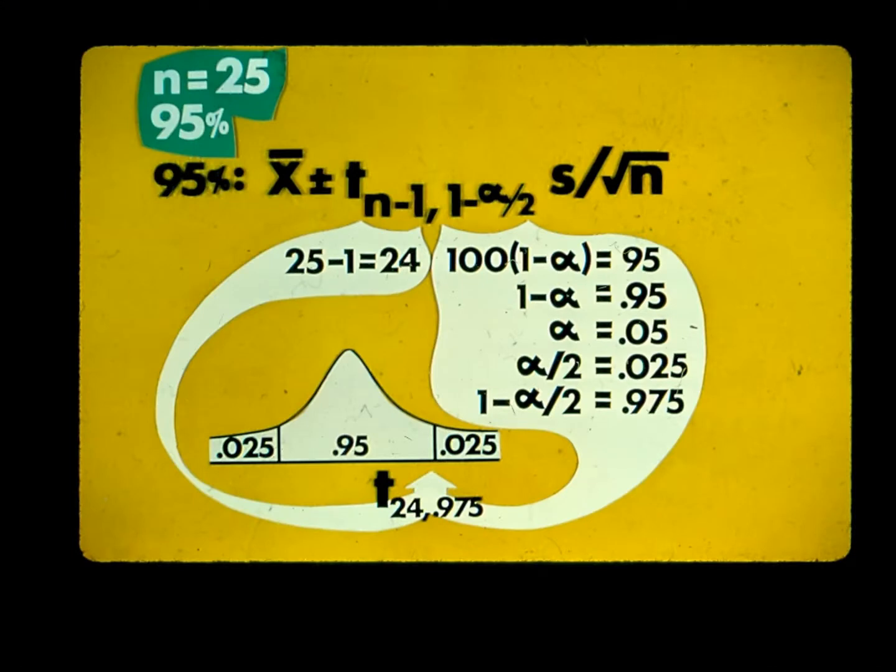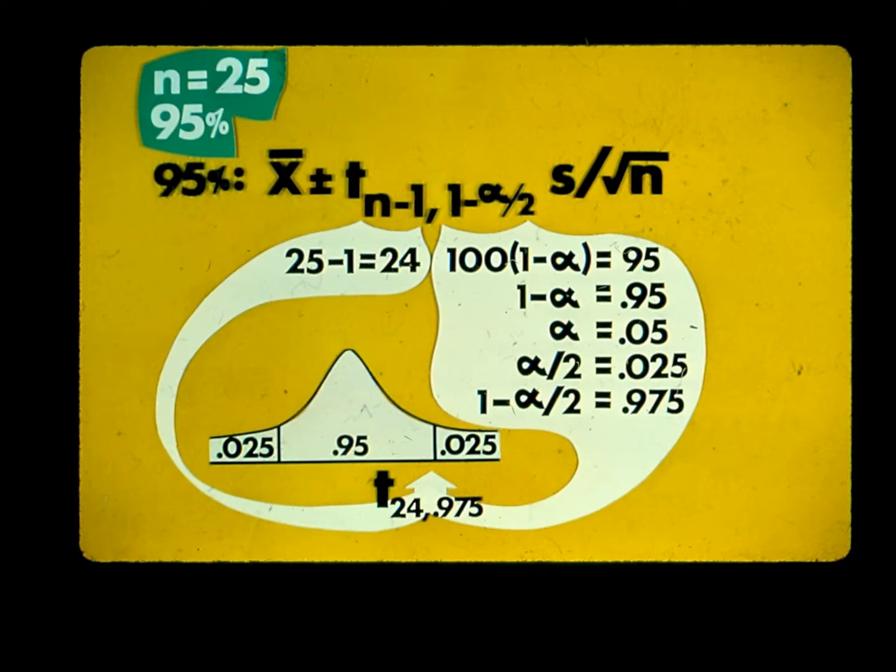To illustrate the computation of the subscripts of a t percentile, suppose, as with the CMI data, n is 25 and we want a 95% interval. Then the first subscript is 1 less than the sample size, or 24.